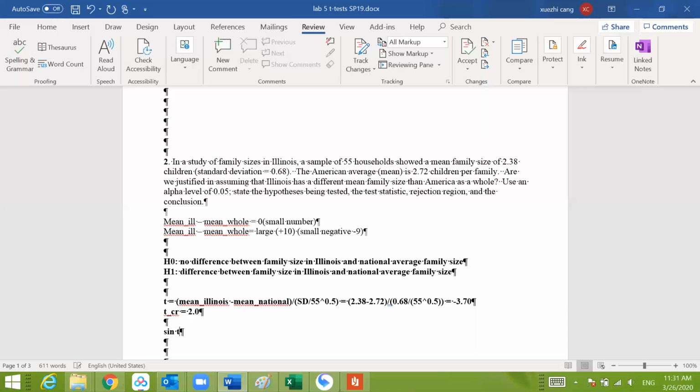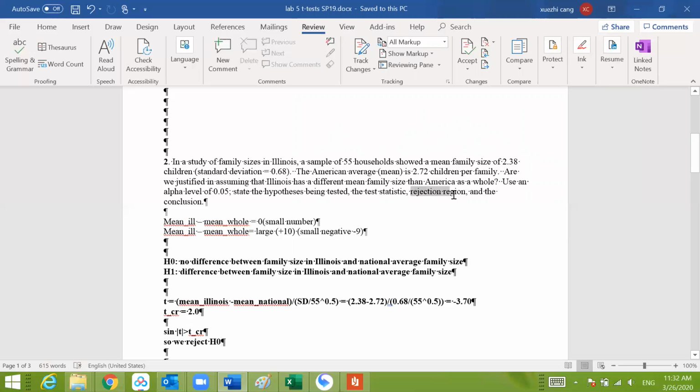You should write down your answer here: the absolute value of t is greater than the t critical, so we reject H0. So this is the answer that you need.